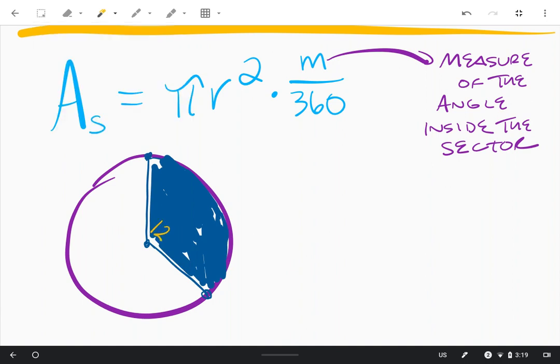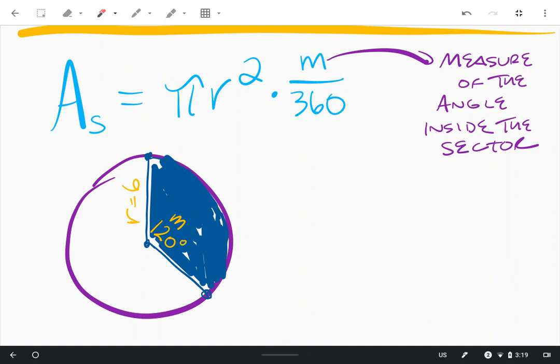So let's say this angle is 120 degrees, and the radius of the circle is 6. I have all the values I need. This is my m value, the 120 degrees, and the r is my radius.